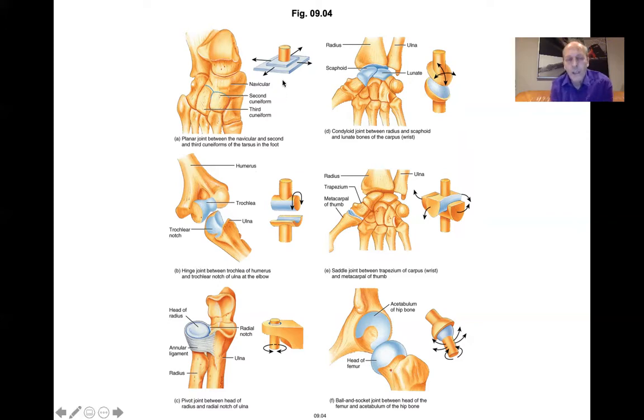For uniaxial joints, you're going to have them on the left side of the screen, one on top of another. The types that we're talking about are planar joints, the hinge joint, and then the pivot joint. They're all uniaxial.